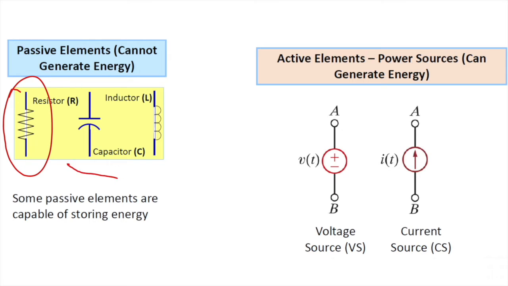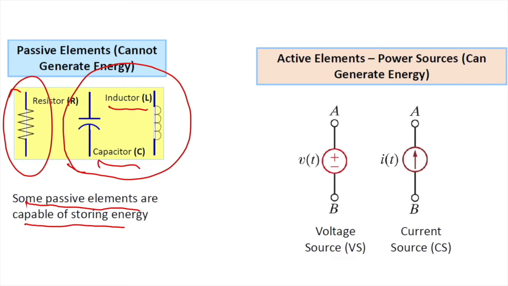And there are two other types of passive elements, the capacitor and inductor. We will talk about them in chapter 6. Some passive elements are capable of storing energy. The capacitor and the inductor can store energy, but the resistor cannot store energy.